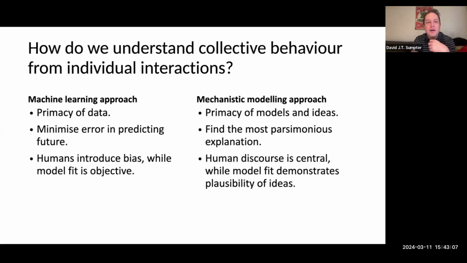I'll just go back and recap this. The machine learning model puts the primacy on data, minimizing future prediction error. The mechanistic model puts the primacy on understanding and finding parsimonious explanations.